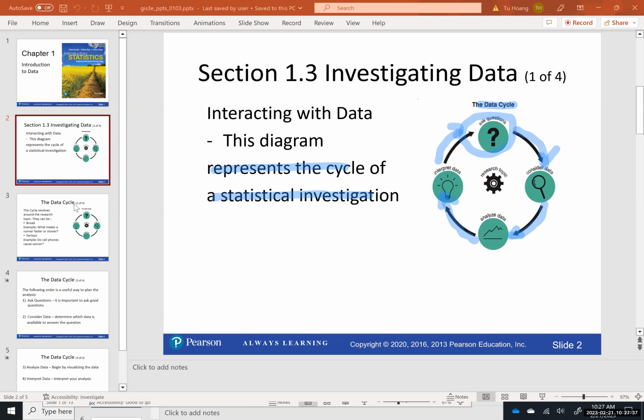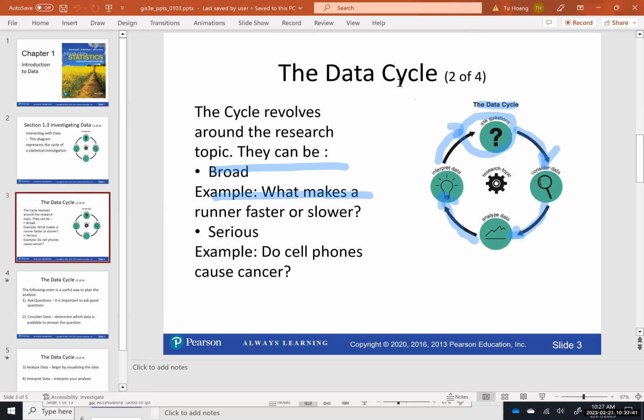We can now move to the next slide. So still talking about the data cycle. Now we have the cycle revolves around research, as you see here, right? And they can be broad.